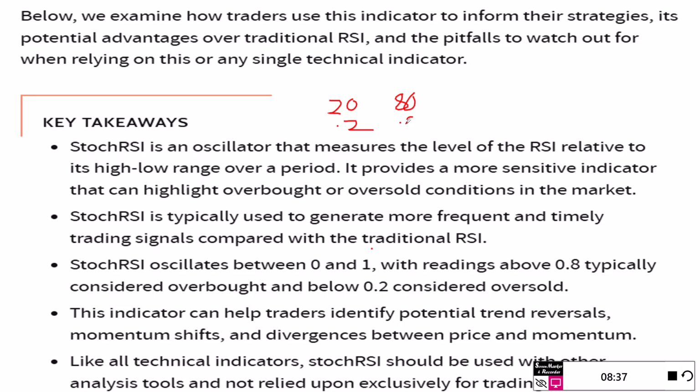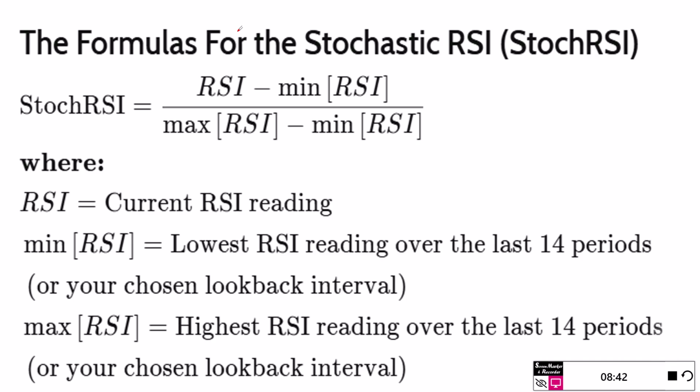We'll modify and improvise, and see how we'll understand what the formula says. The formula is very simple. The stochastic formula takes the RSI, the speed at which RSI is moving up and down. So what will it take? It will take the current RSI. Suppose we're working on a 14 period, so it will take the current RSI of a particular candle.